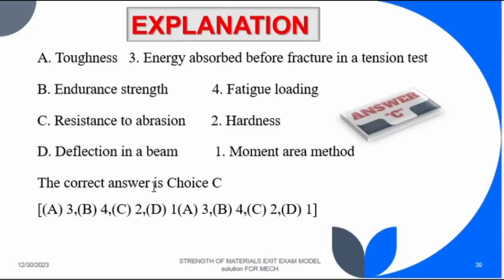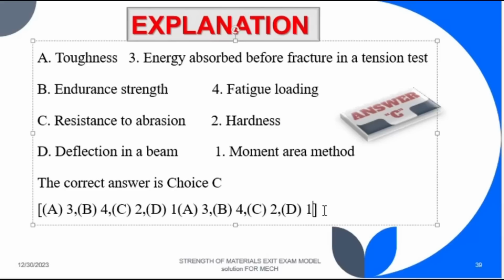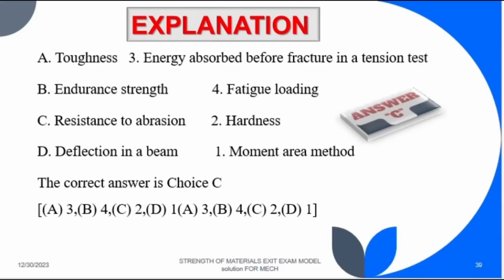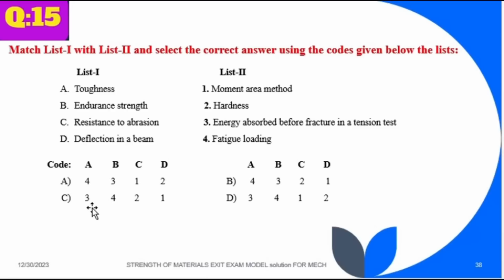Therefore, the correct matching is A3, B4, C2, and D1. The pair with this is at point C. So here at point C, A is toughness, which is directly related with 3, energy absorbed before fracture.